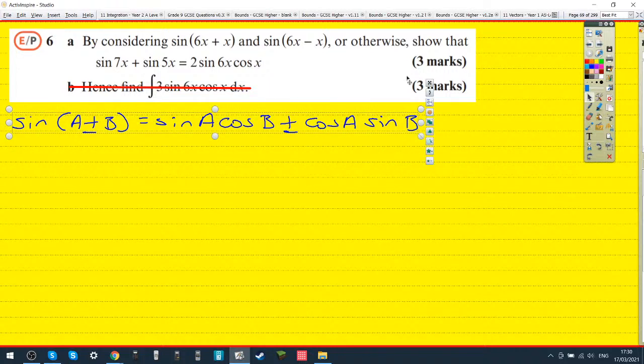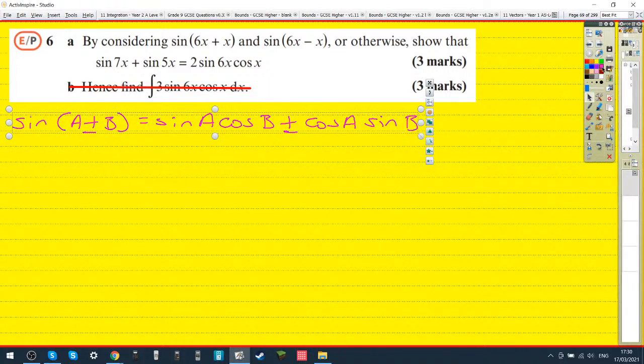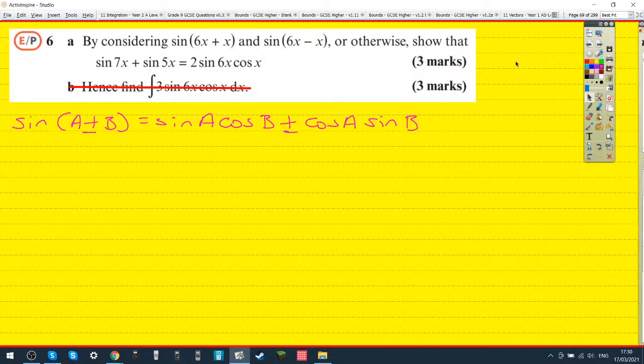Redemption lies ahead. So sine 6x cos x plus or minus cos 6x sine x. Yeah, okay. What's next?